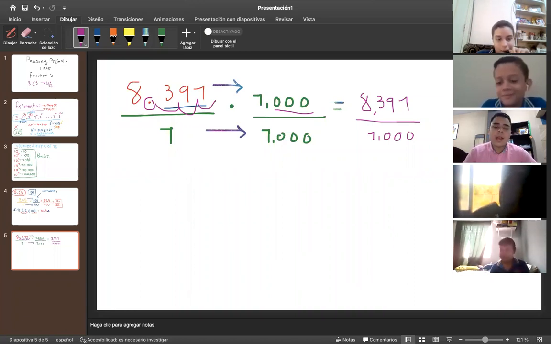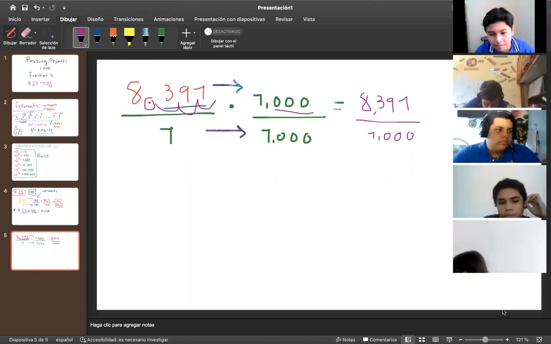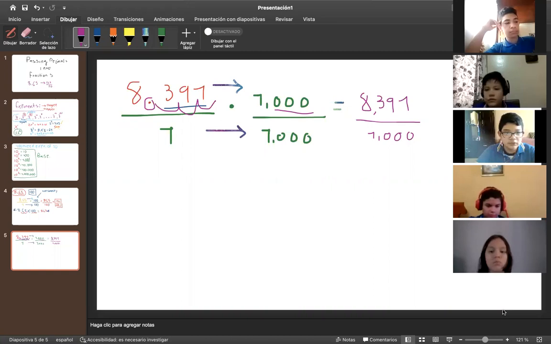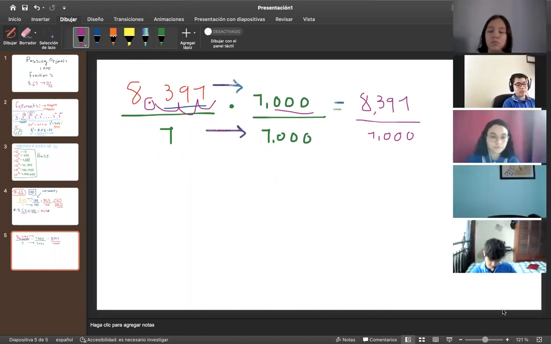No. What happened with the 8? Can we divide both numbers by 8? No. Can we divide both numbers by 9? No. So what's happening when we can't simplify the fraction? We give it like that.